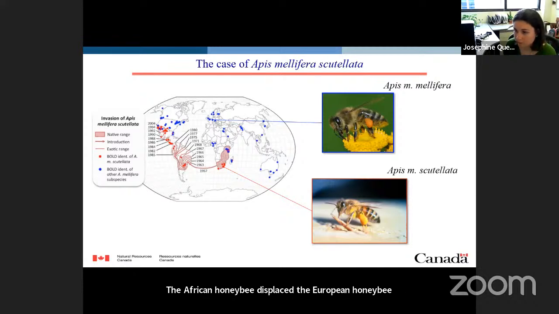quickly in South America. Now, when the African honeybee arrived in northern Mexico and in the southern US, people thought that the range would stop spreading because the African honeybee was not adapted to cold climates.